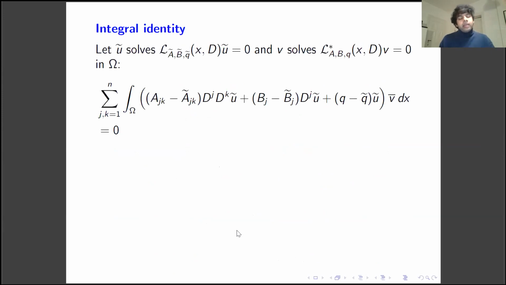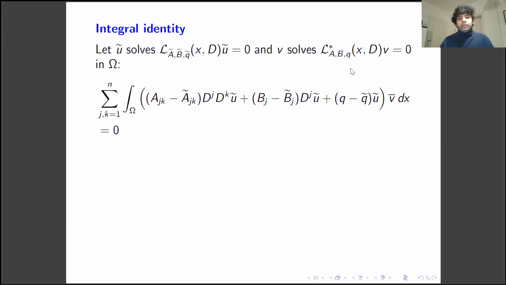So next step, in solving that problem, we have two different coefficients, A and A tilde, such that the Cauchy data for the two different operators are the same. So it's not a symmetric operator, so L star is not L. So we need to consider this L star operator for given L, A, B, Q. Let's say V solves this L star equation, and then U tilde solves this L, A tilde, B tilde, Q tilde equation.